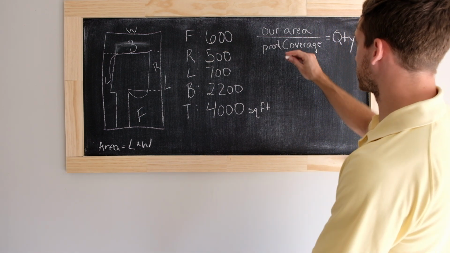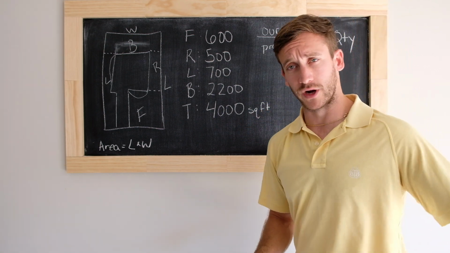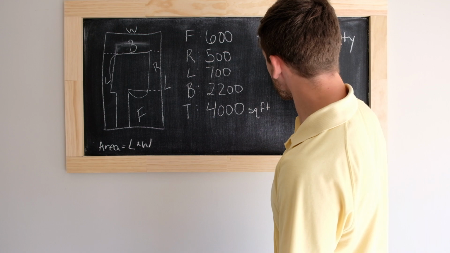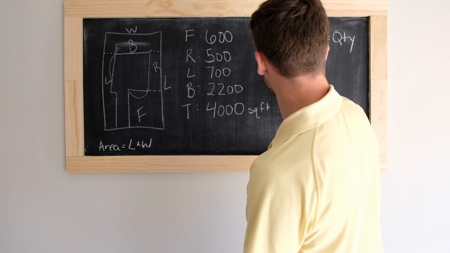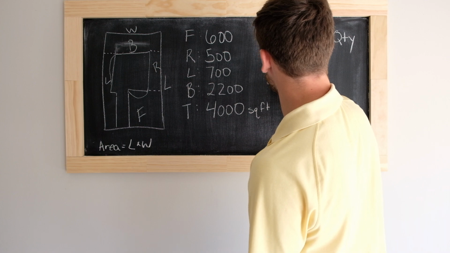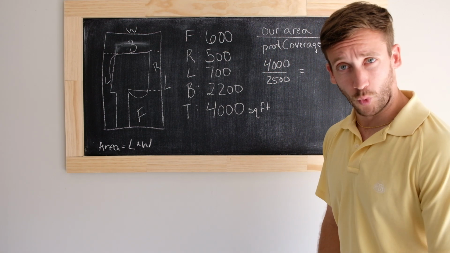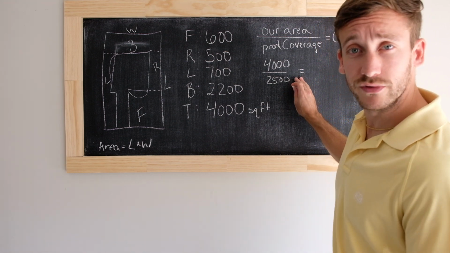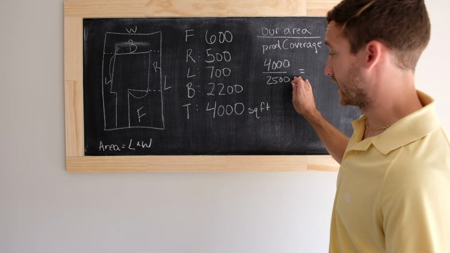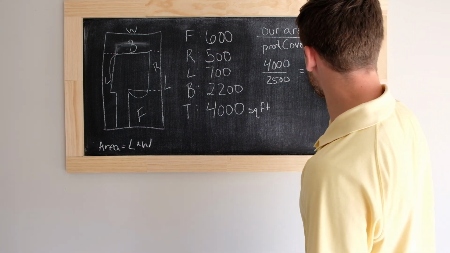So obviously for us specifically, we were going to plan to apply that organic fertilizer that has a 2,500 square foot coverage area. We have 4,000 divided by 2,500 equals over 1. So I know that I'm going to have to buy 2 bags. So we're going to have 1.6 bags.